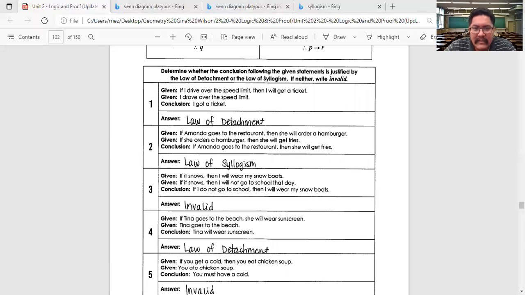Let's see, the next one is given. If Amanda goes to a restaurant, then she will order a hamburger. If she orders a hamburger, then she will get fries. All right, because fries just go great with hamburger. That's just the way it is, okay?